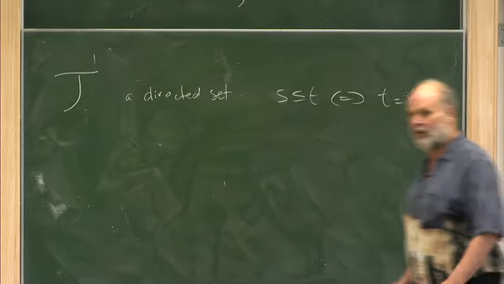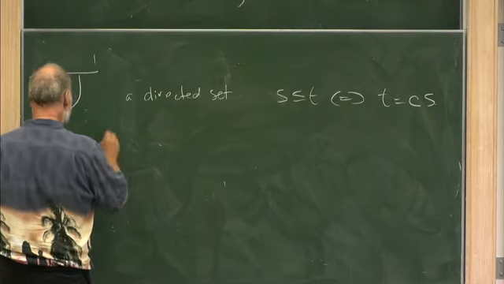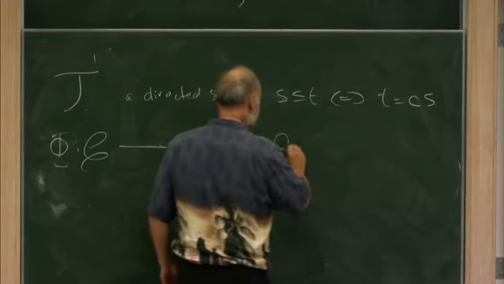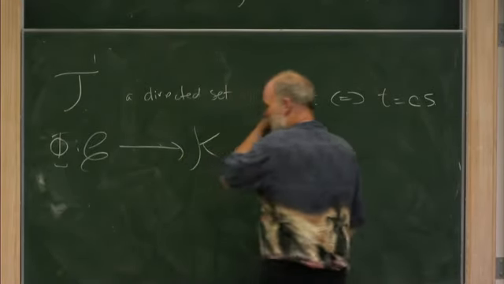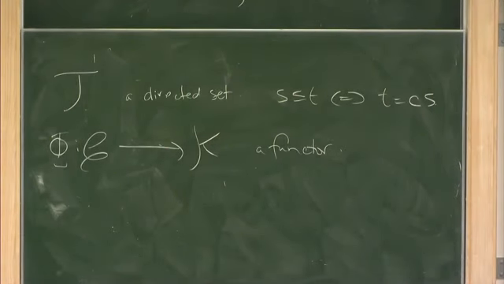Now, given a functor phi from C to any other category K, I'm going to use it to define a direct system. The words are directed set, direct system, no ED, and I have that on the authority of Wikipedia.